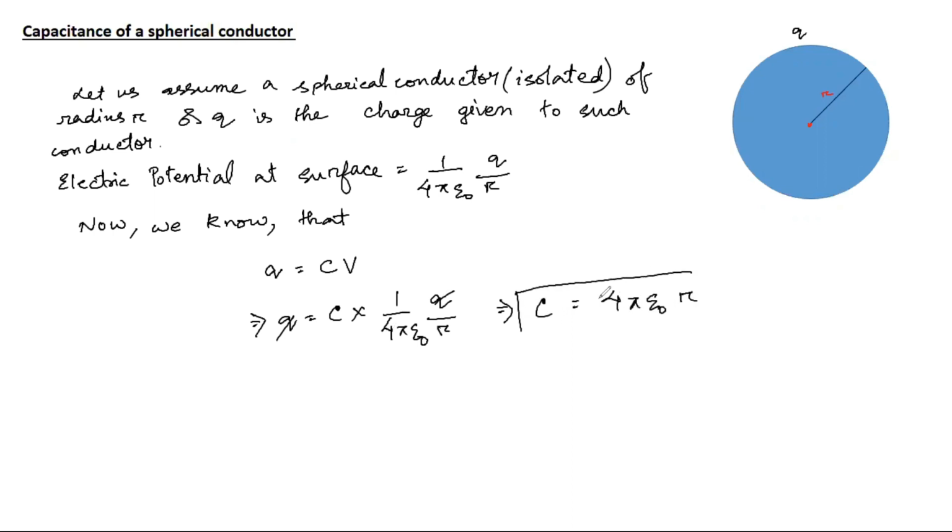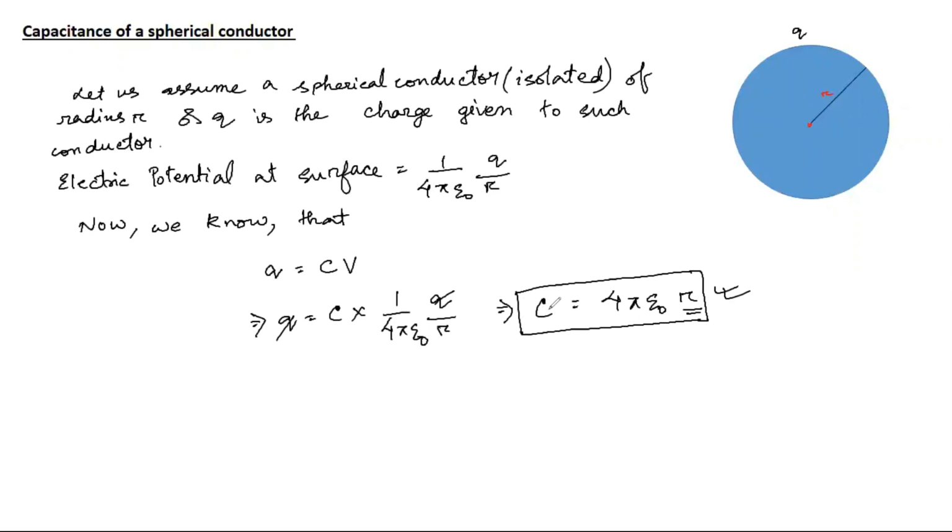This is the expression for the capacitance of such an isolated spherical conductor. As you can see, C is 4 pi epsilon naught times the radius of the spherical conductor.